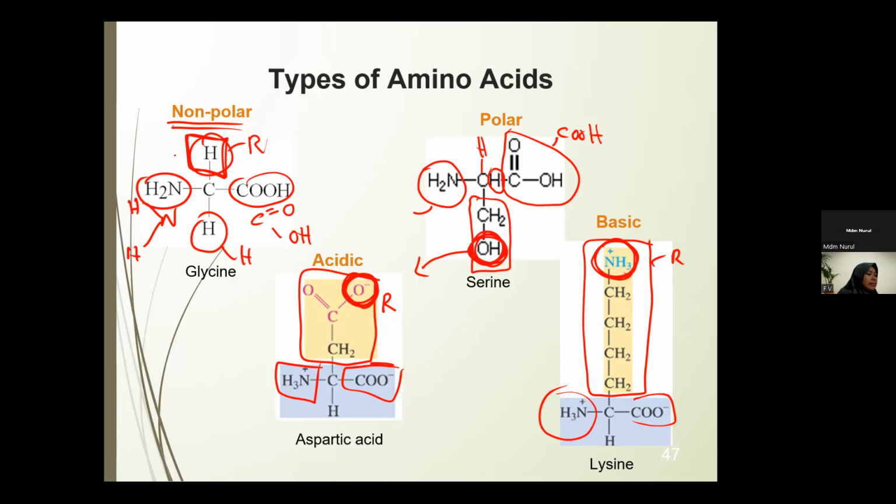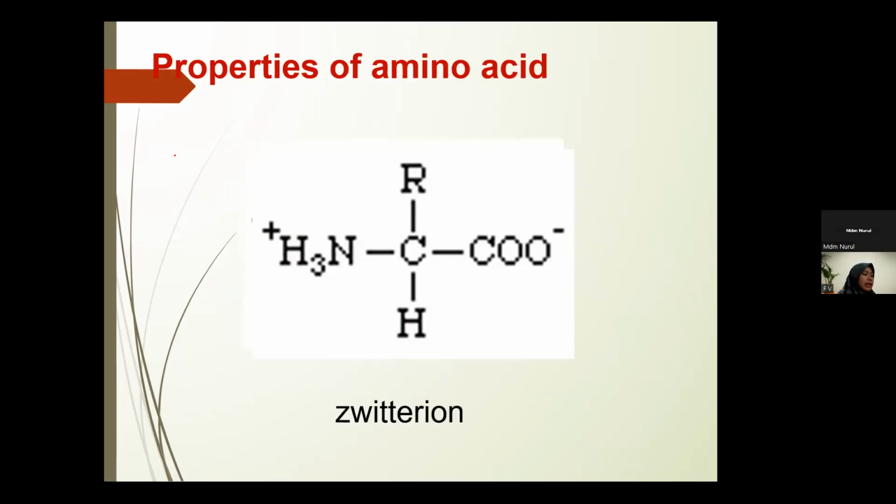Alright? Okay. So, now, to make it simple, madam tak boleh faham lah how this amino acid can form Zwitter ion. Okay, now let me see. I am showing you this one. Kita lukis balik amino acid yang normal, yang kita tahu. This one is COOH.